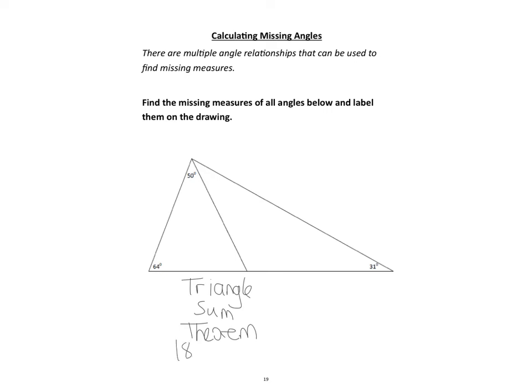And I did 180 minus 50 minus 64, and that's how I got 66 degrees. Which leads us into the other side of that line coming out the middle. Those are supplementary angles. So we would take 180 minus 66, which is 114 degrees.